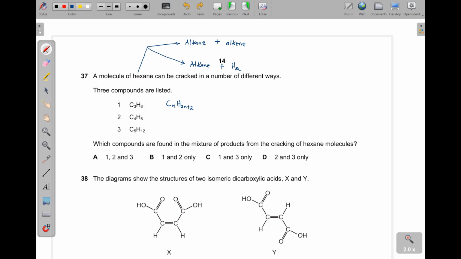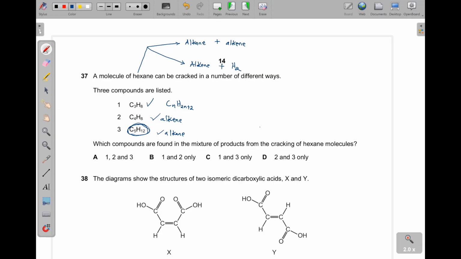So that is an alkane. Then this one is an alkene because it's CnH2n. And then this one is an alkane.